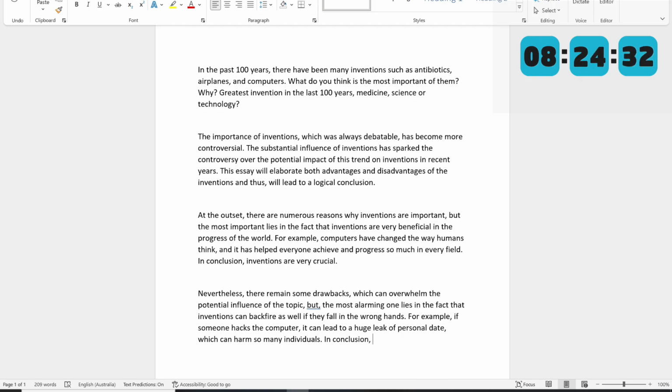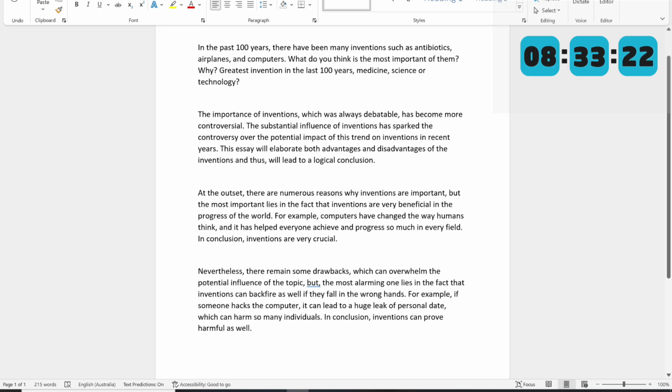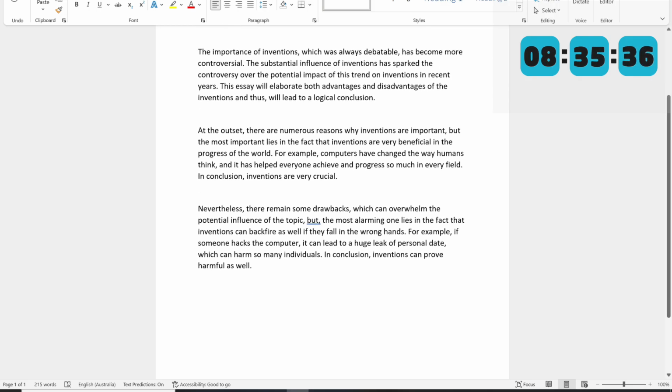In conclusion, inventions can prove harmful as well. Body paragraph 2 done. Yes. Next I have got is the conclusion.